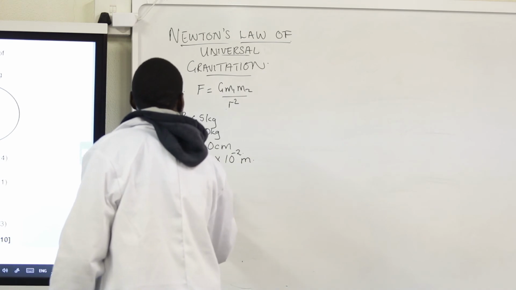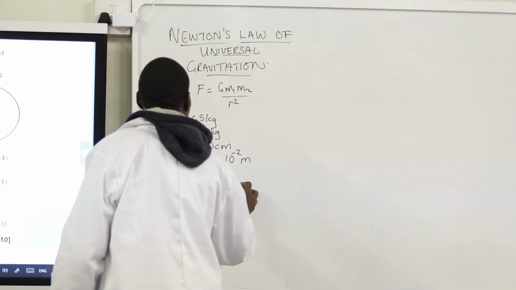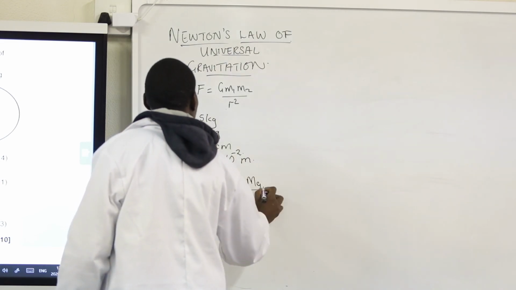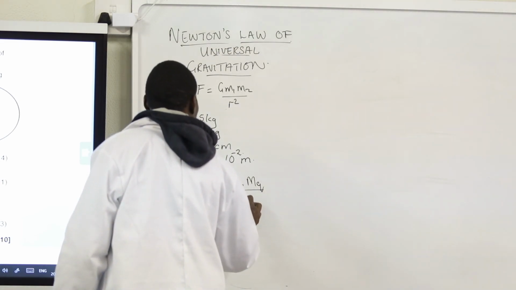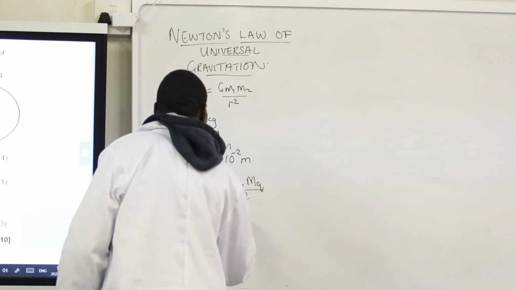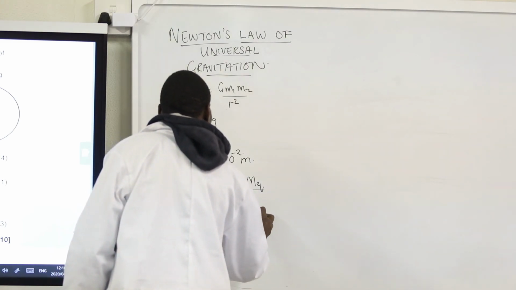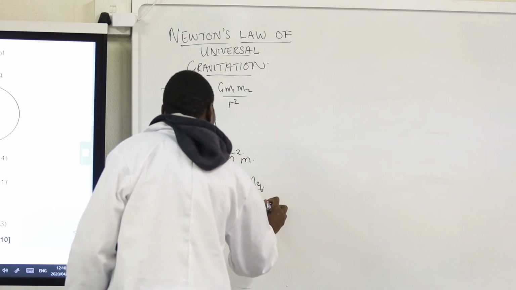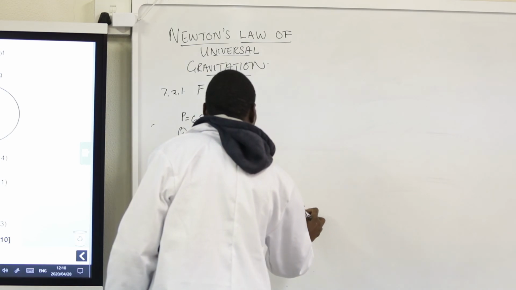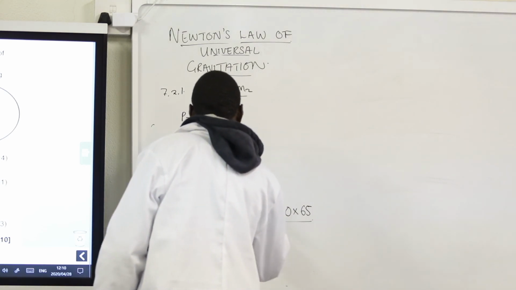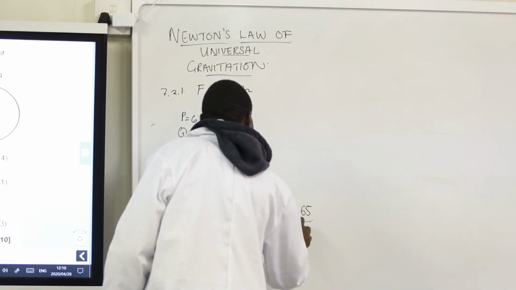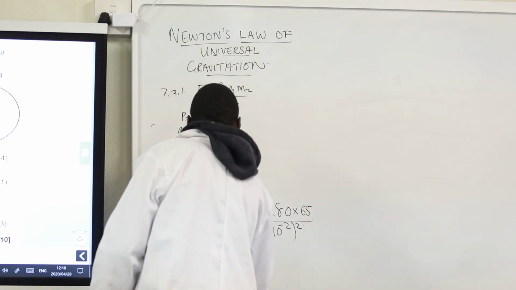So in my formula, F is equal to G multiplied by mass of P times mass of Q over the distance squared. So what do we have? 6.67 multiplied by 10 to the power negative 11 multiplied by 80 multiplied by 65 divided by 90 times 10 to the power negative 2, all squared.